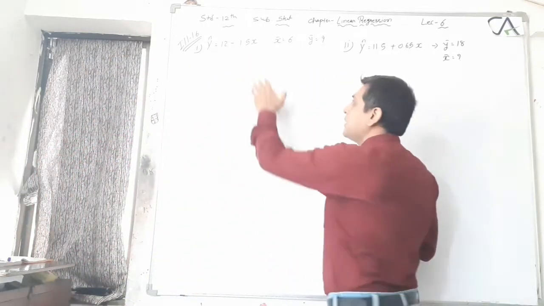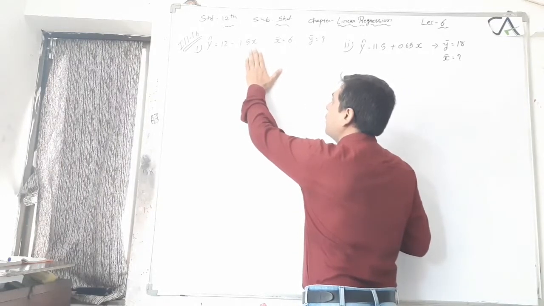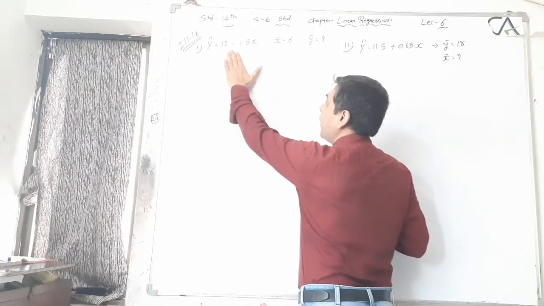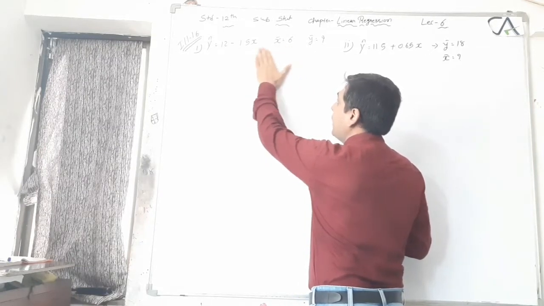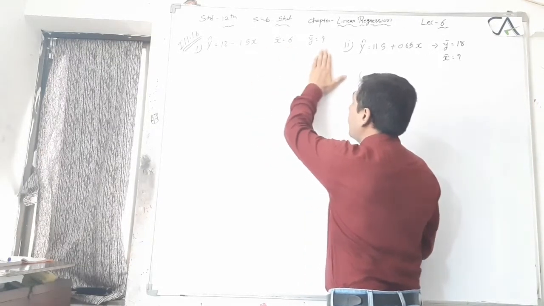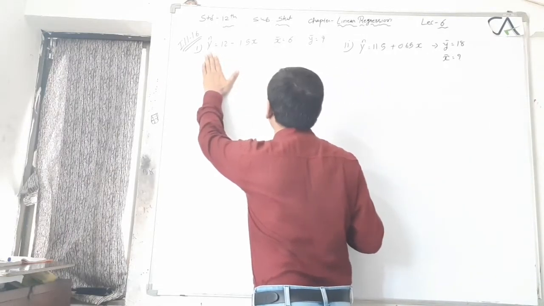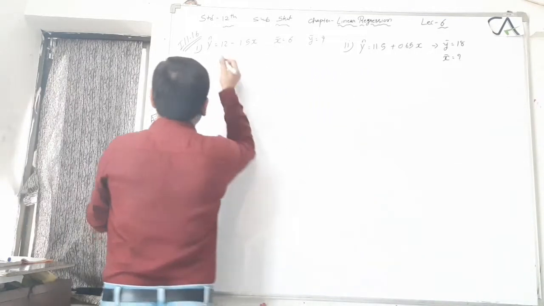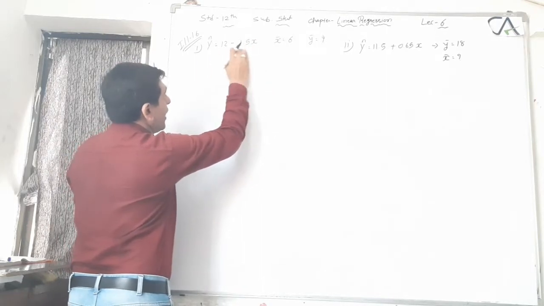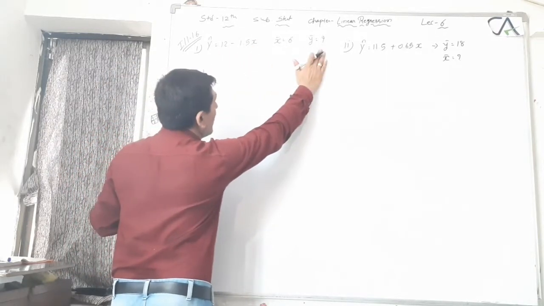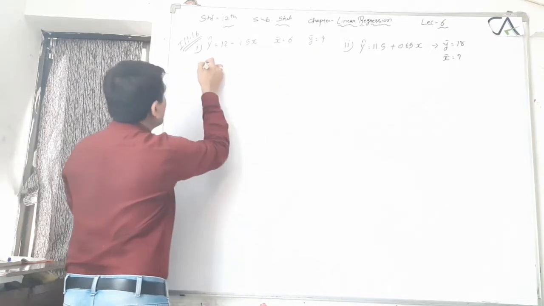So in y cap is equal to 12 minus 1.5x, we put x bar 6 as x, then you get the answer of y bar.